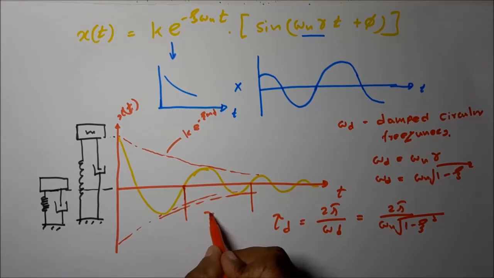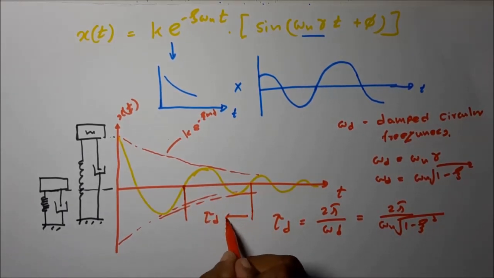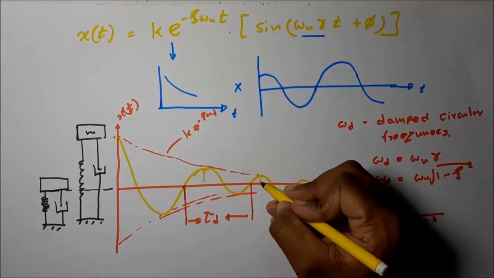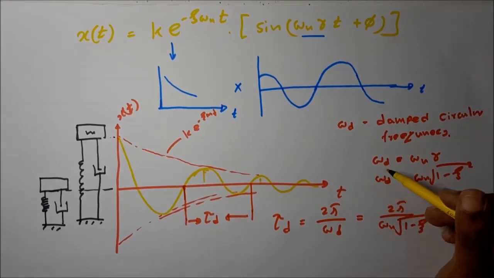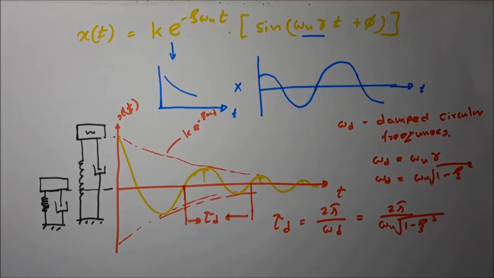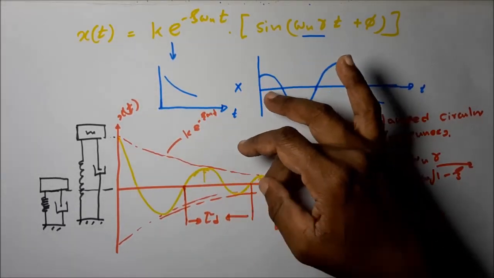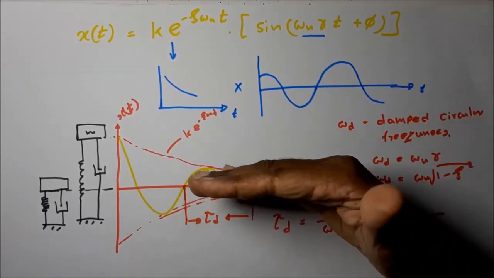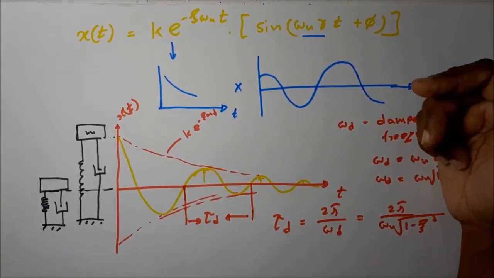This length is τd. You can see that the amplitude of vibration gradually diminishes to 0, at infinity. That means with the dissipation of system energy, the amplitude gradually diminishes to zero.